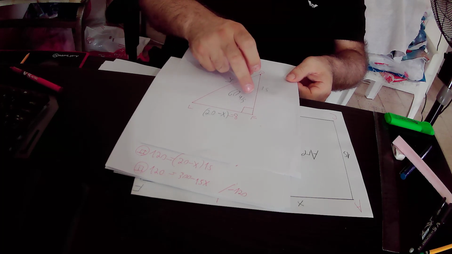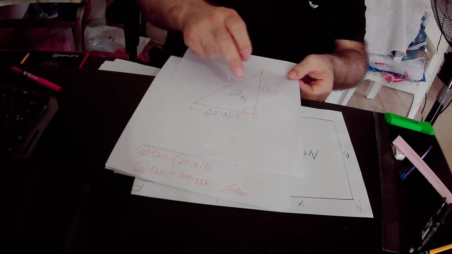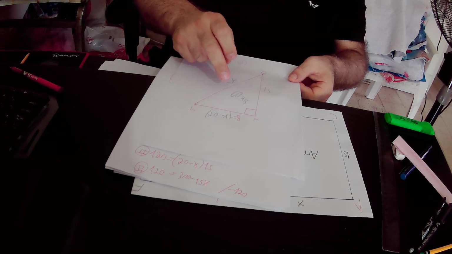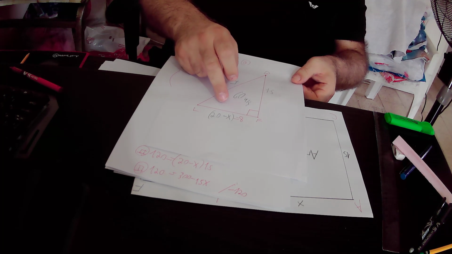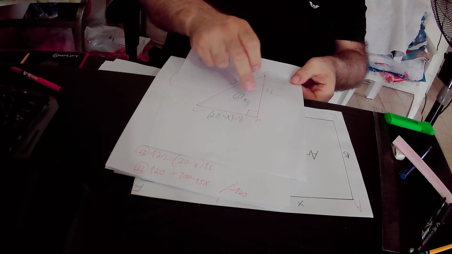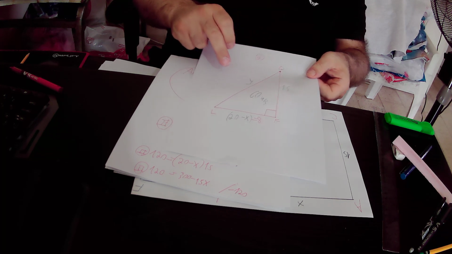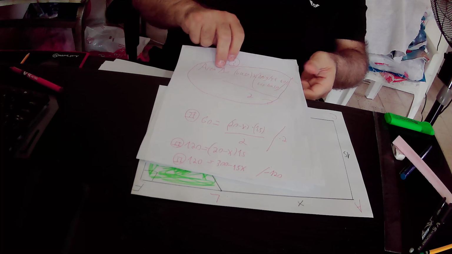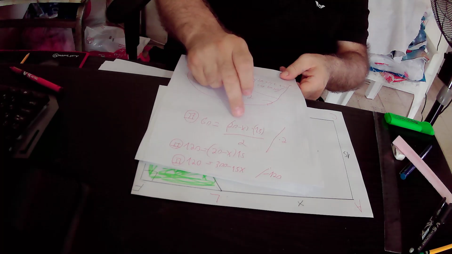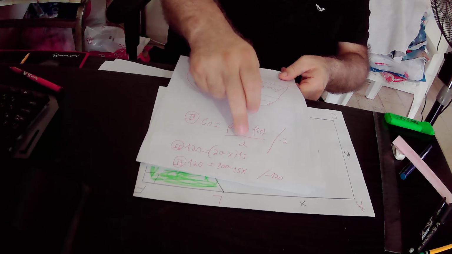So FD is the height of this right triangle. So the formula for the area is 20 minus x times 15 over 2 and it equals 60 units. Okay? 60 equals 20 minus x times 15 over 2.